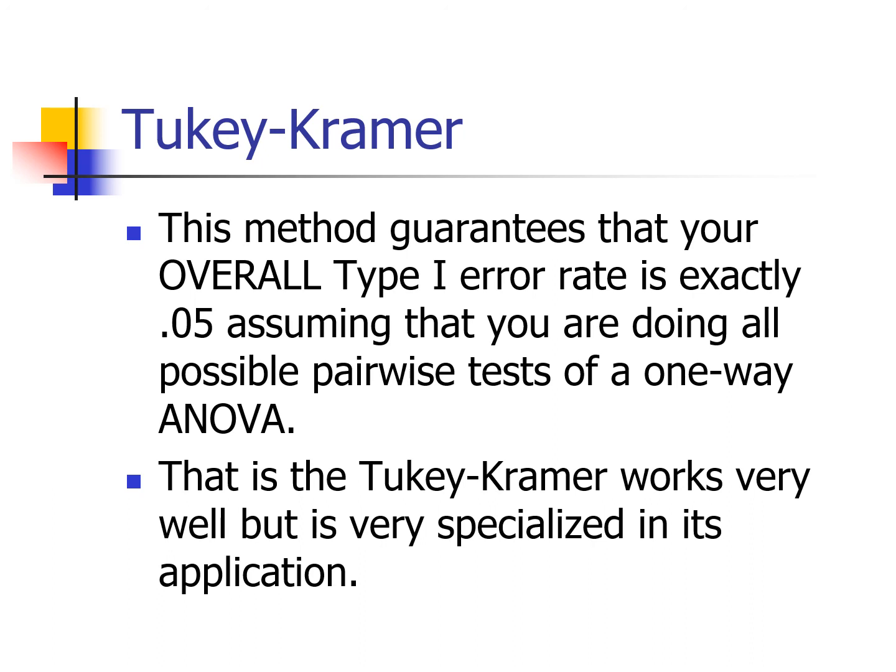Another adjustment is the Tukey-Kramer. The Tukey-Kramer method guarantees that your overall type 1 error rate will be exactly 0.05, assuming you're doing all possible pairwise tests for a one-way ANOVA. The Bonferroni is great because it's so general. Tukey-Kramer is the opposite of that.